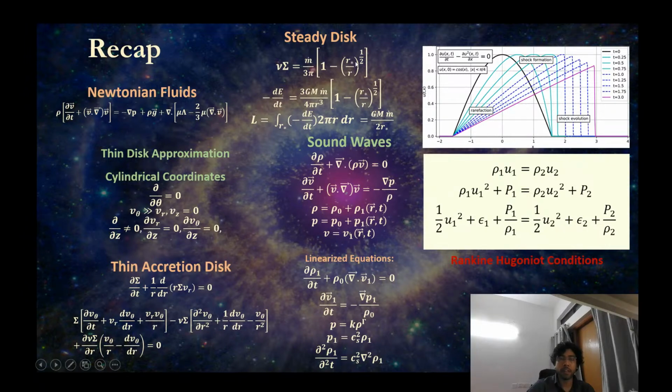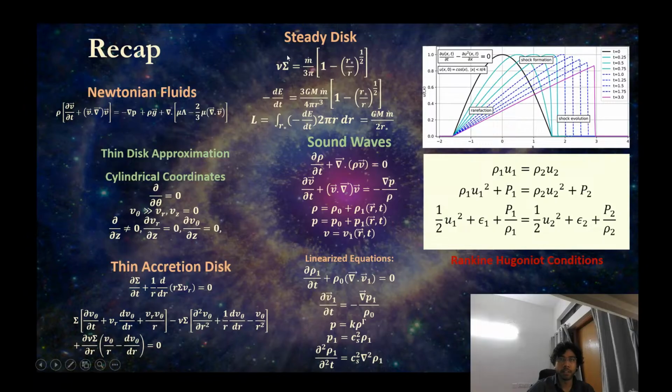Using those two constants, you can find out what should be the viscosity in the disk. So, what is nu sigma? Nu is the viscosity. Sigma is, as I said, the density integrated over the height of the disk.